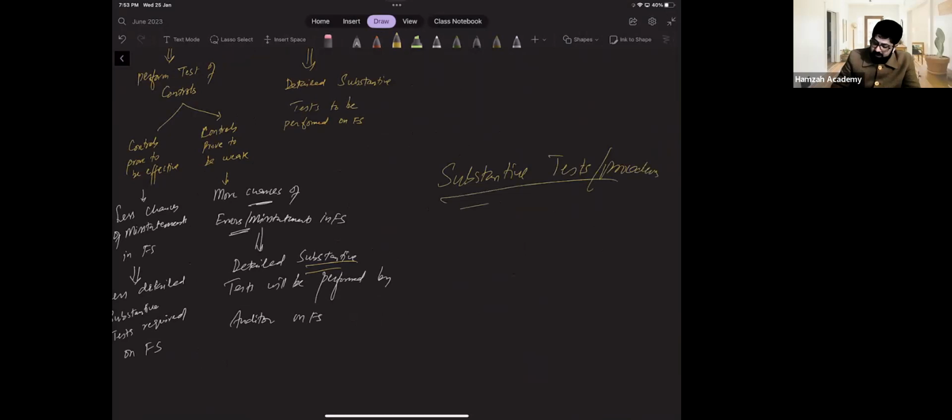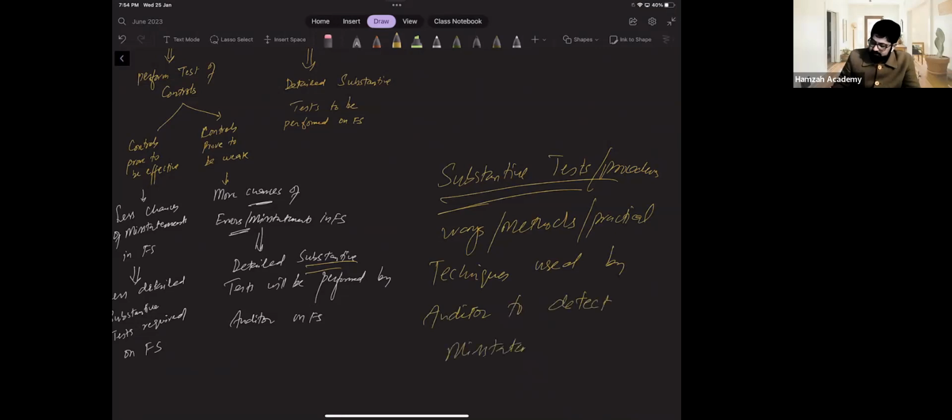They are the ways, methods, practical techniques used by the auditor to detect misstatement in financial statements.